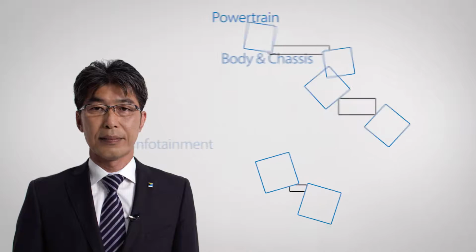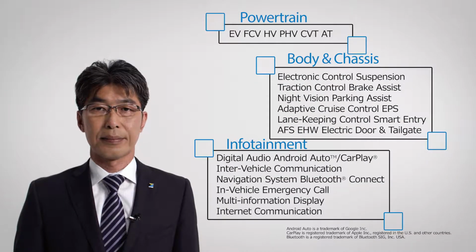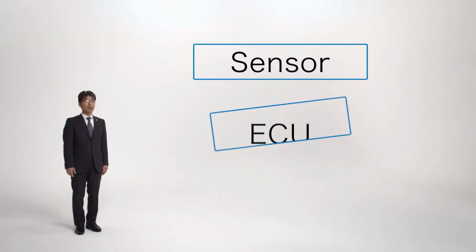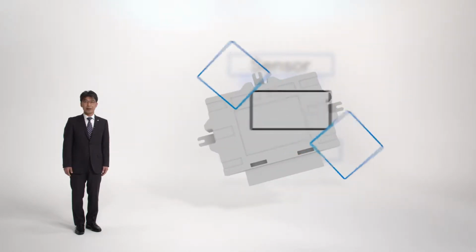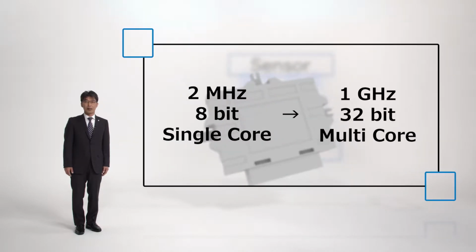Today's automobiles are traveling electronic devices, running computers. Sensors, ECUs, actuators, and other control systems are increasing in complexity and sophistication at an accelerated rate.